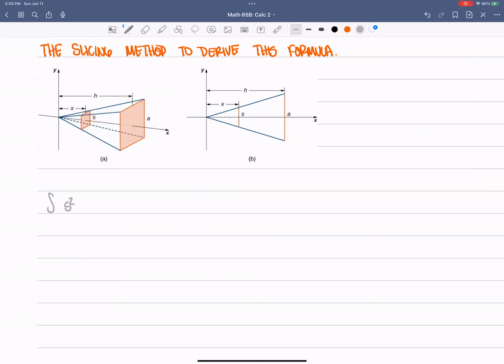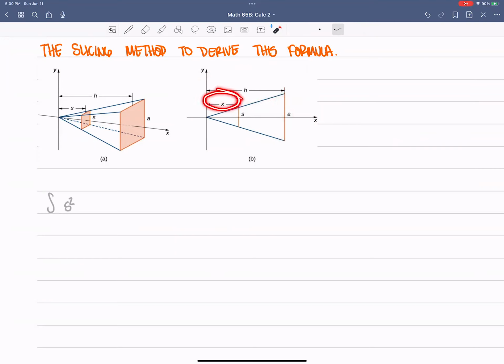But we're not in terms of s, right? We don't really know exactly what these values are. So let's get some sort of conversion factor, because this is all proportional. s here is proportional to this a over here, and the height has some proportion to this a.